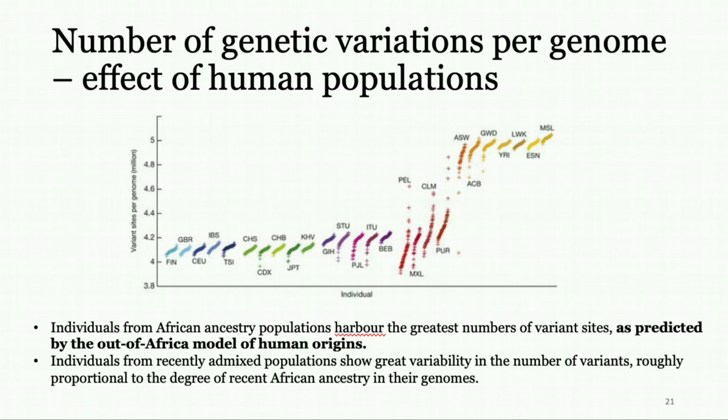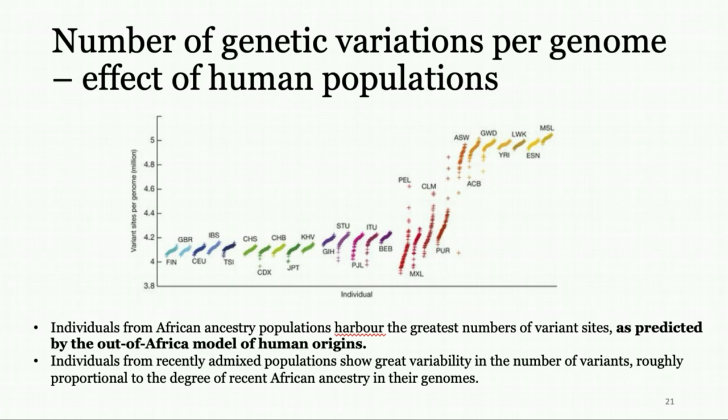So think about that. We had a pool of genetic variants at the very beginning, and only a subset of individuals went out of Africa, so they only carried a subset of those genetic variants. That's why African individuals retain a huge amount of genetic variation. This pattern is consistent with the model we have right now about human origins.